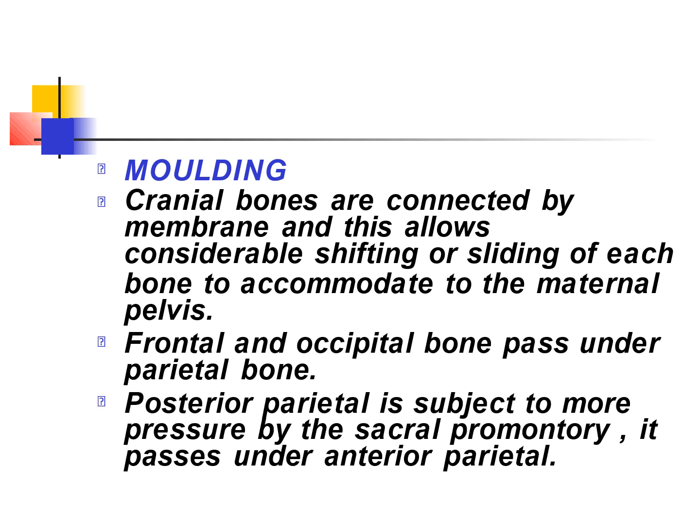So the frontal and occipital bones may pass under the parietal bone. The posterior parietal is subjected to the molding, because the sacrum is always the denominator. So when pressure is applied from the backbone, the posterior parietal bone has more chance for the molding, and it will just pass under the anterior parietal.